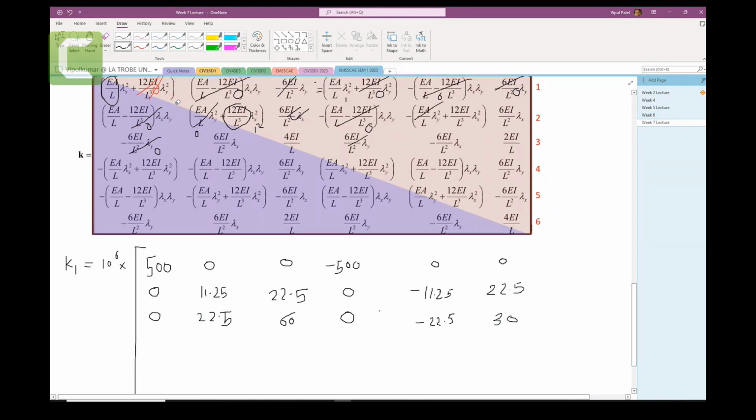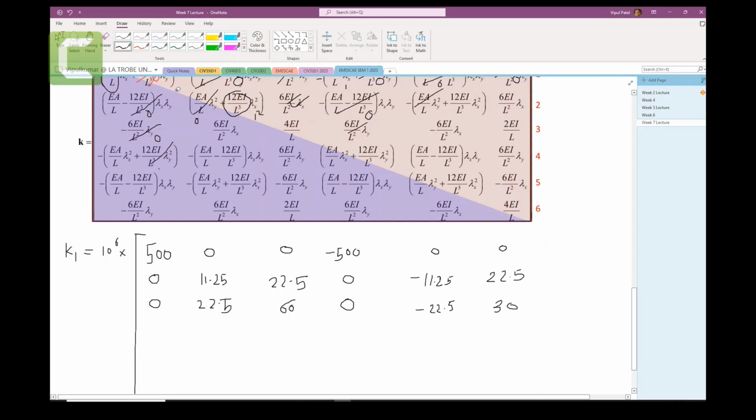I hope you understand that. These things are 0. EI on lambda x squared, minus 500. Minus EA on L, which is 0 here. 6 EI on L square lambda y is 0, so that is 0.